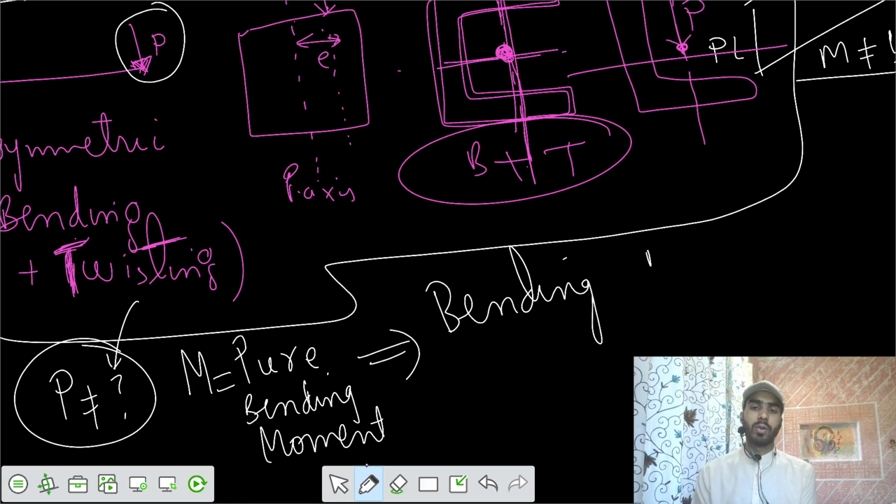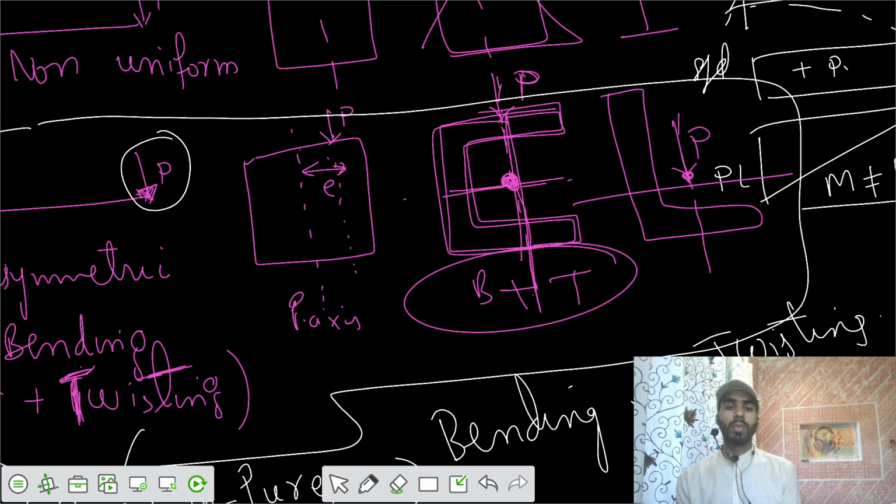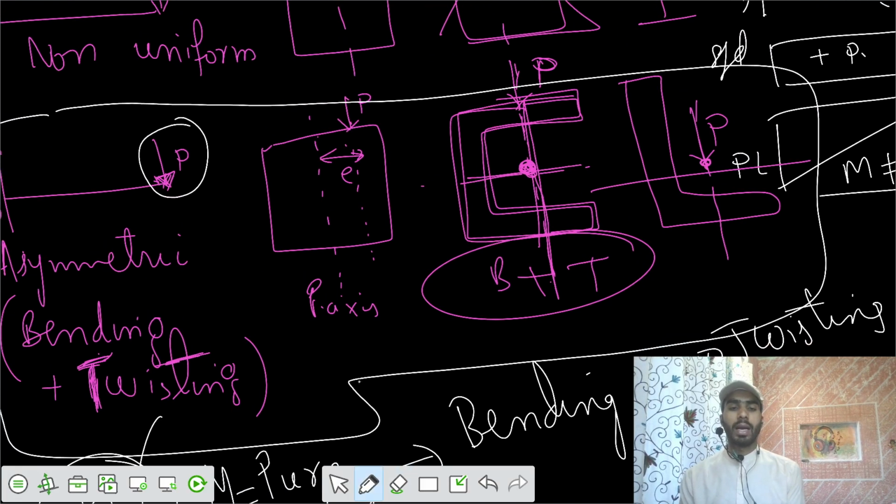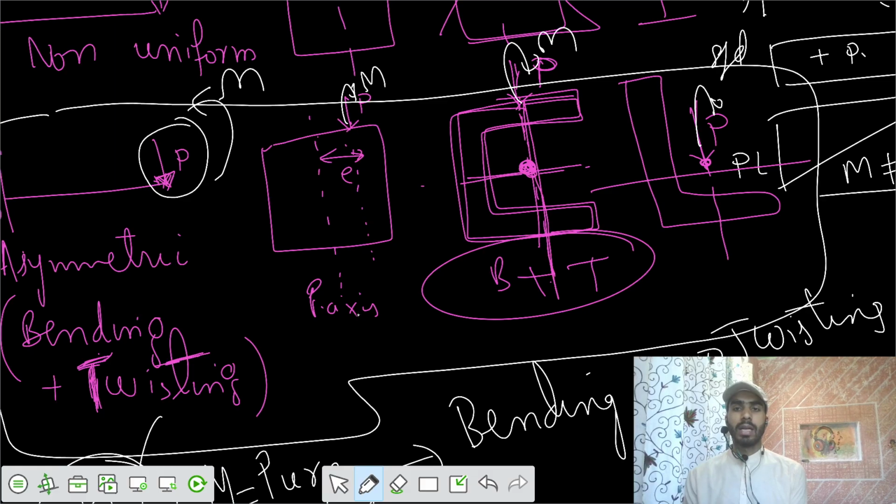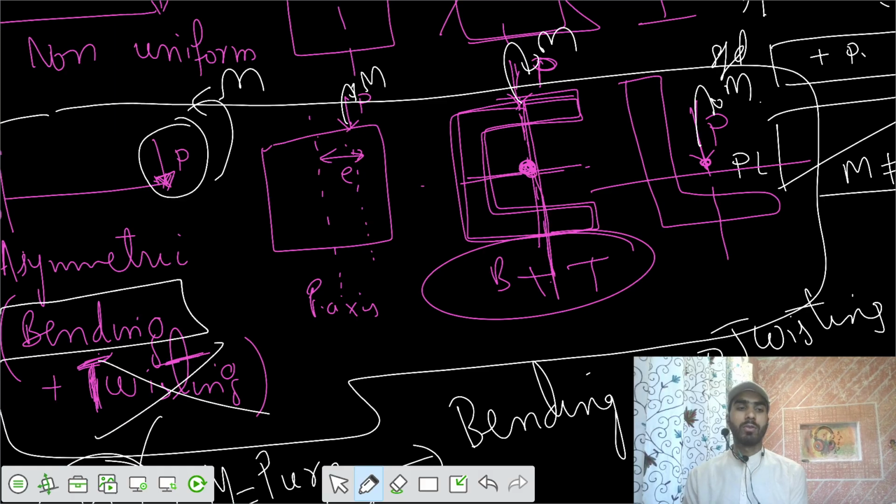This is one important thing you have to keep in mind: if only a pure bending moment M is applied, there won't be any twisting. Only bending would be there.